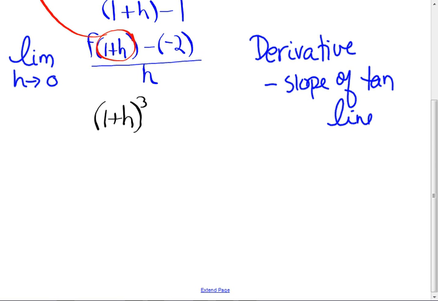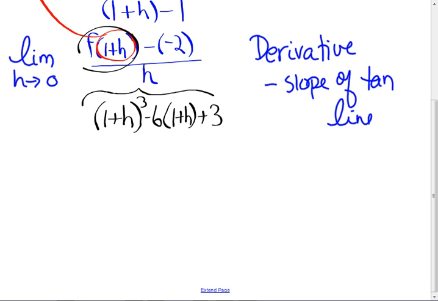Minus, isn't it minus? 6 times 1 plus h plus 3. That is this piece right there. And then you're going to do minus a minus 2. And we're not going to like the algebra, are we? Are we? Because you have to do what with that 1 plus h? You have to cube it all over h, and then you're going to take the limit.